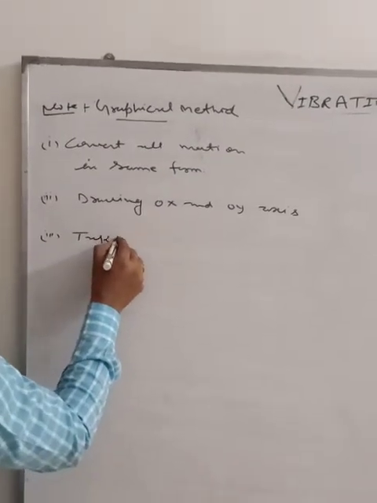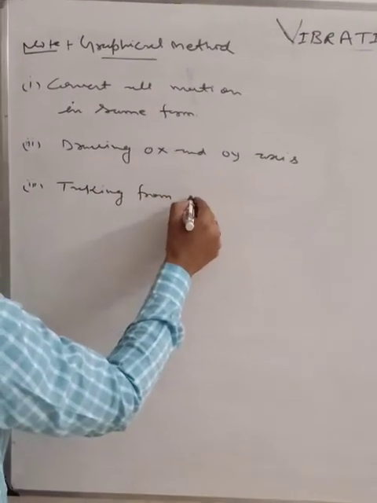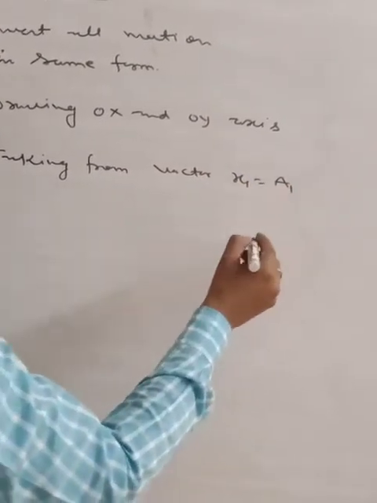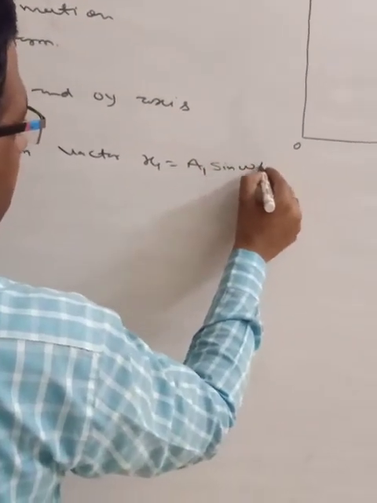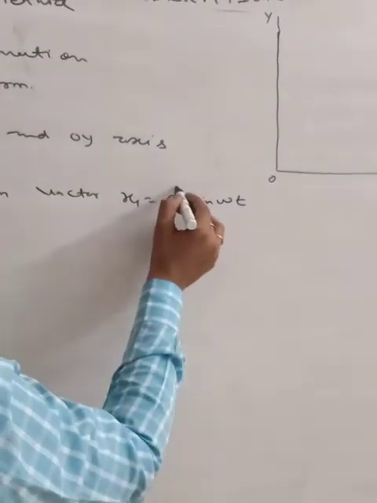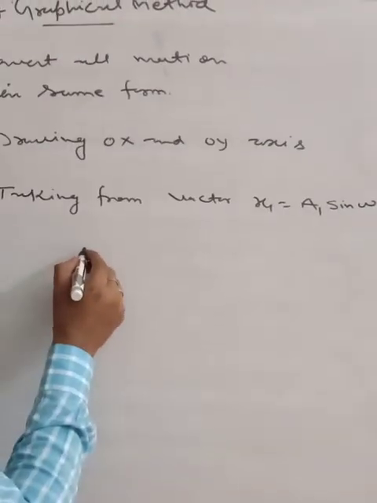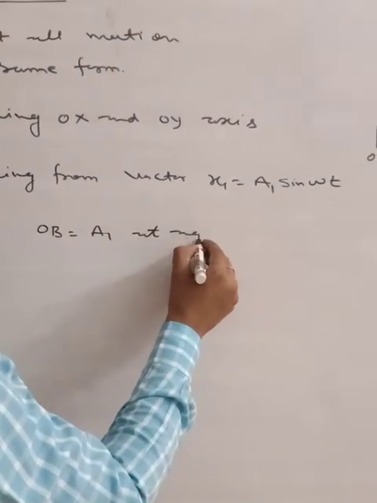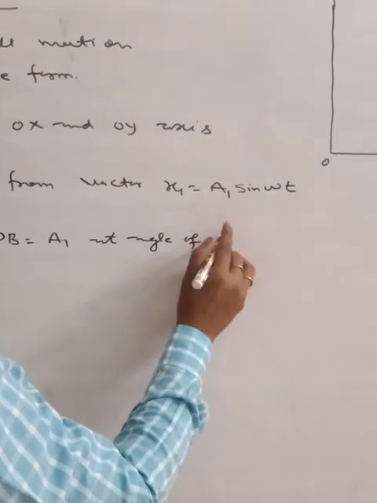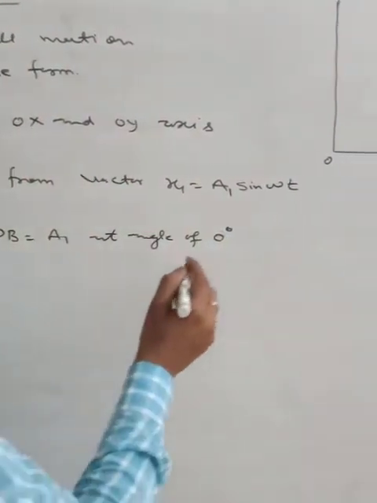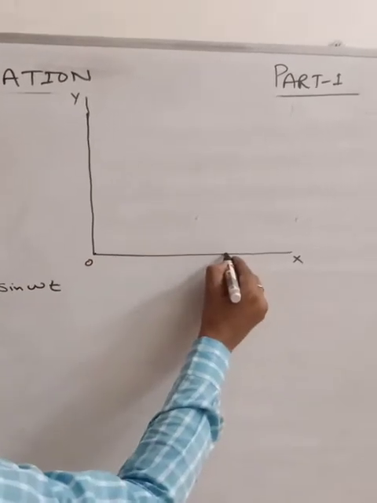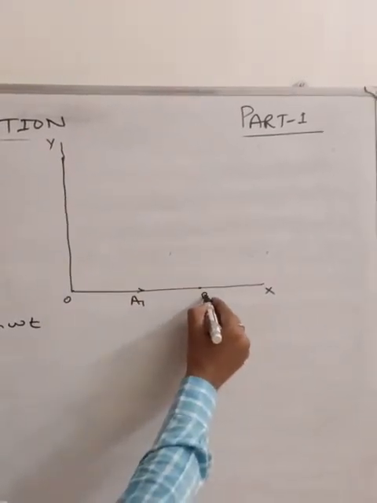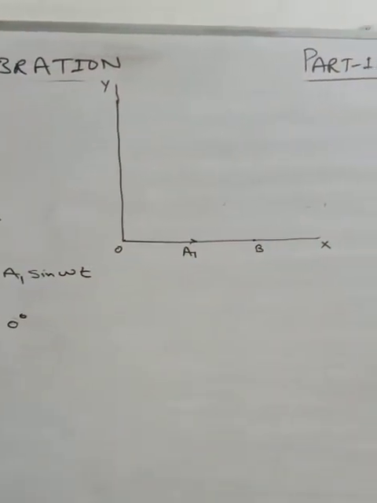Now taking vector x1 is equal to a1 sin omega t, OB is equal to a1 at an angle of 0 degree. It means we take this OB, which is equal to a1, at an angle of 0 degree.